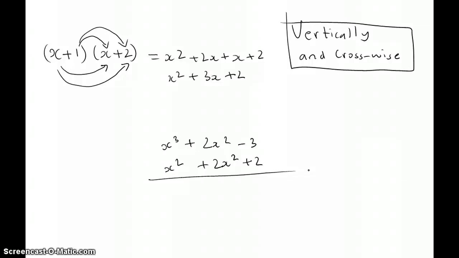Now let's look at the first step, going from rightwards to leftwards. Minus 3 times 2 is minus 6. 2x squared times 2 is 4x squared. And then we do minus 3 times 2x squared, which is minus 6x squared. So that would give us minus 2x squared.